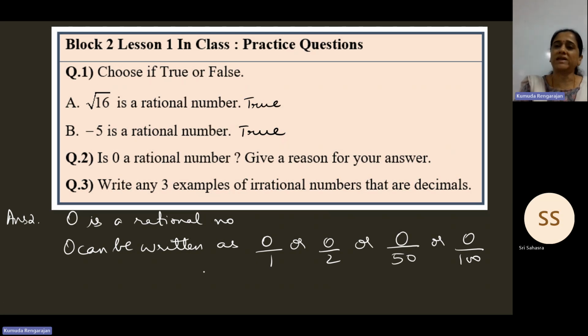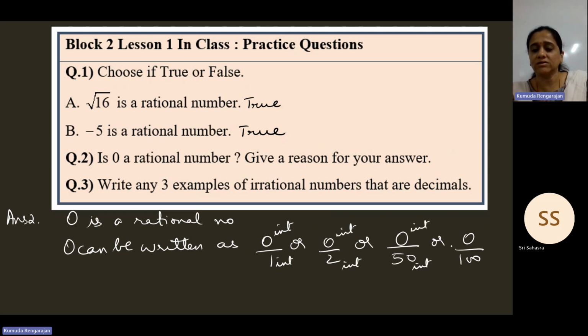You can write 0 with any denominator. So that, and 0 is an integer. You can see integer by integer. 0 is an integer, 2 is an integer. 0 is an integer, 50 is an integer. Integer by integer is a rational number.